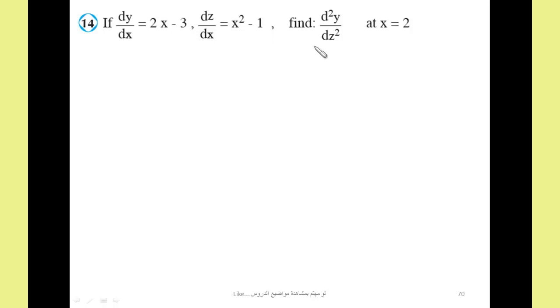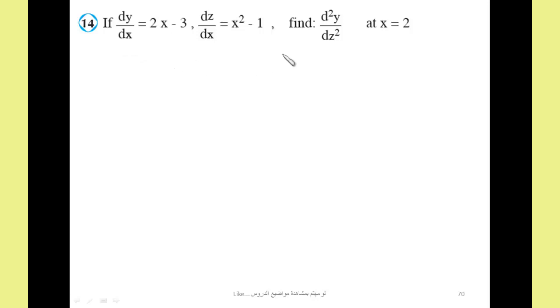The required here is d2y by dz squared. So first we will calculate dy/dz, then we make the differentiation once more.